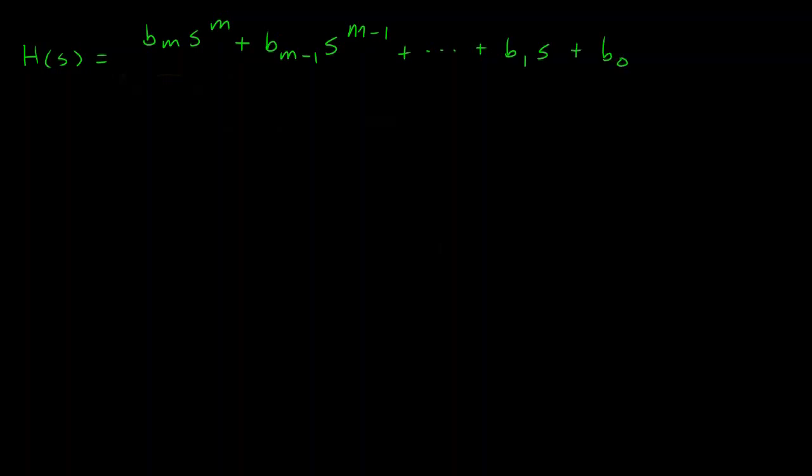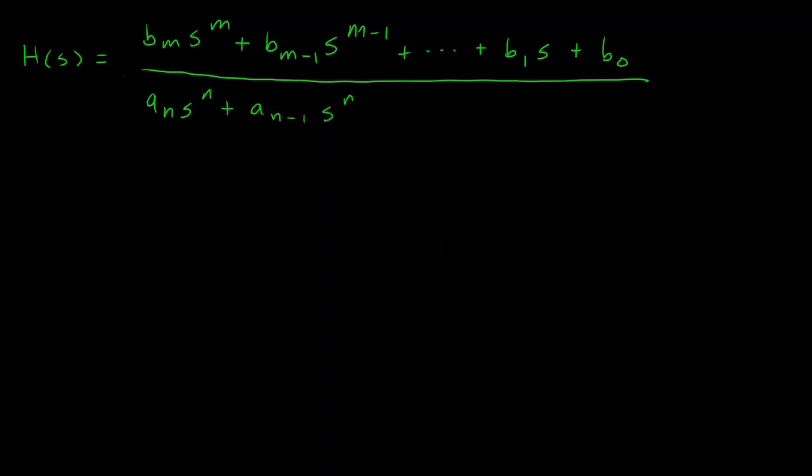All of these b sub i terms are coefficients for the numerator polynomial. And then we're going to divide that by a sub n s to the n plus a sub n minus 1 s to the n minus 1, and we're going to let that run all the way down to a1 s plus a0. I want to use n here because n and m don't have to be the same.